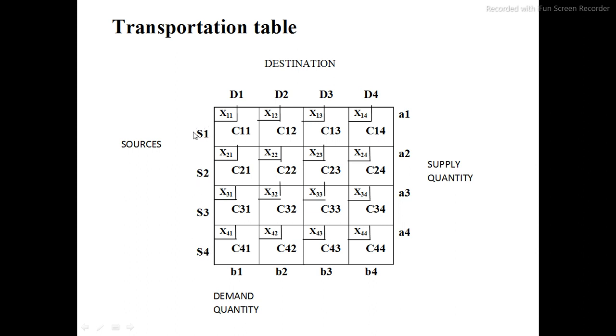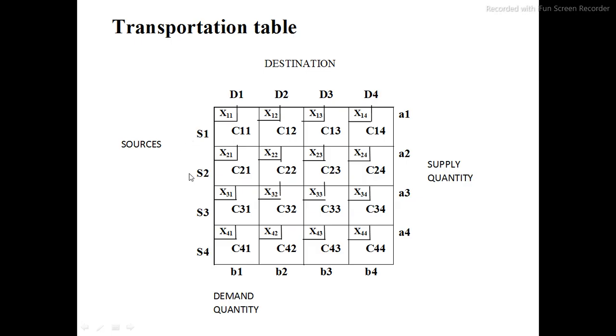That means they are the origins. In general, these are the warehouses. They are called sources in the table, or origins sometimes. Different textbooks use different words; source or origin we will use.